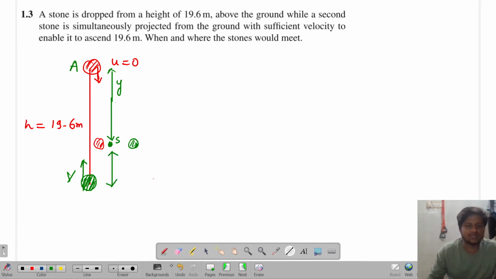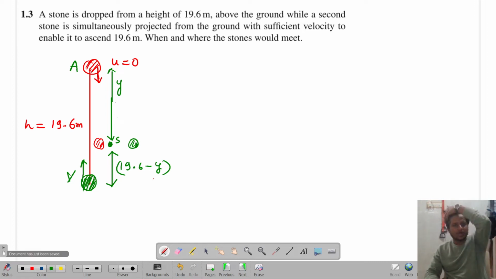It will be 19.6 minus y. Got it or not? So these balls are meeting over here. Now you have to find where this y is and when this is going to happen.